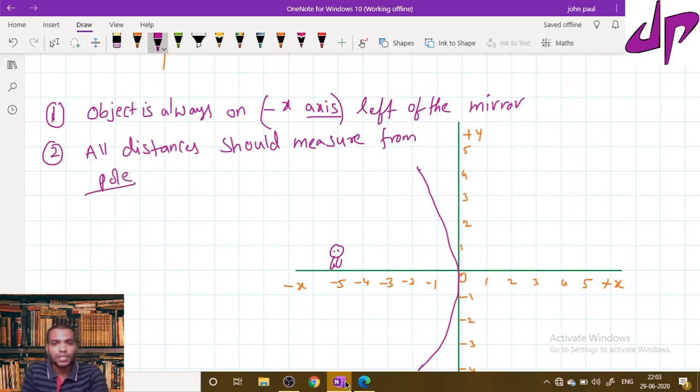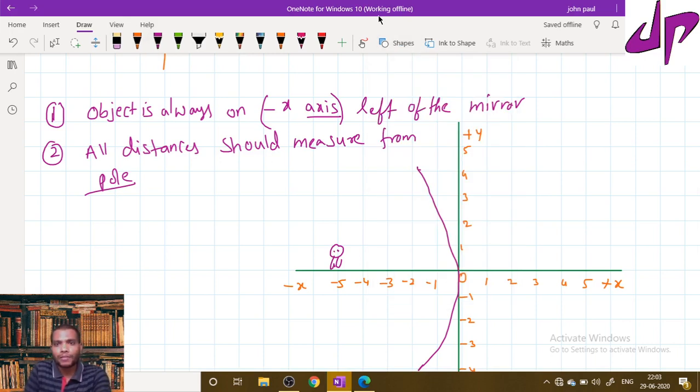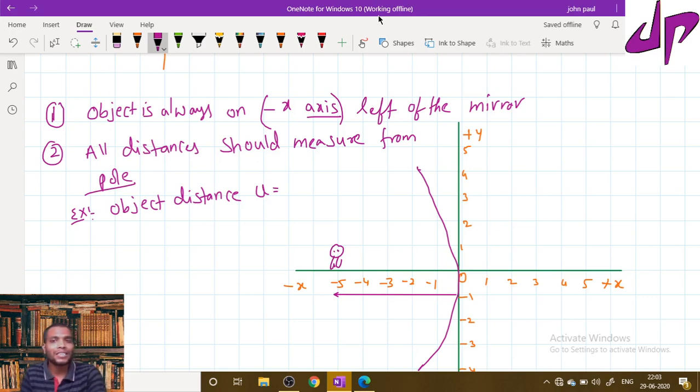Now, if this is the object, I need to measure its distance from the pole.